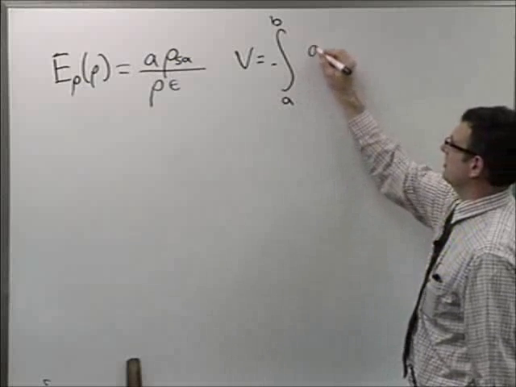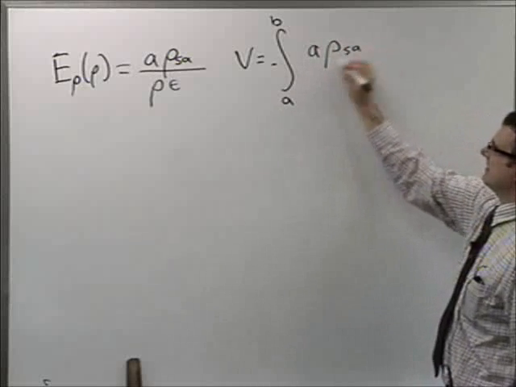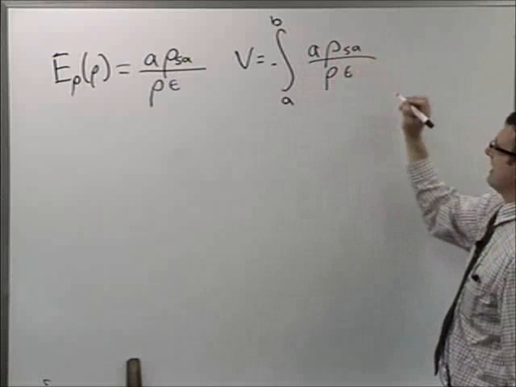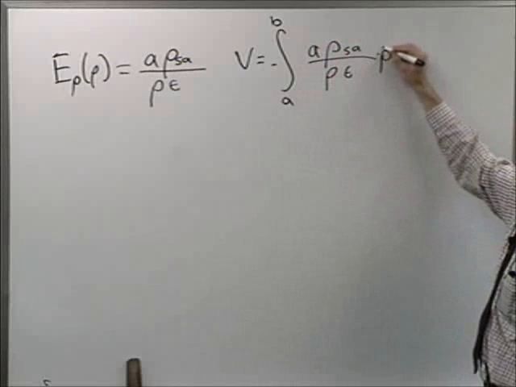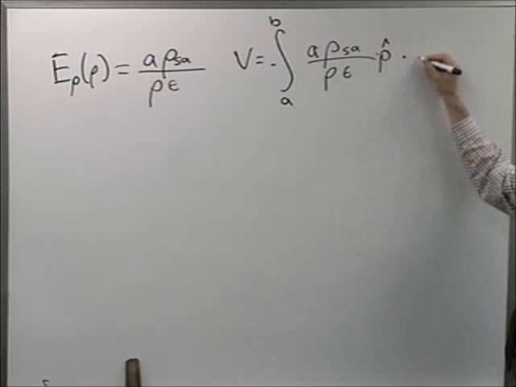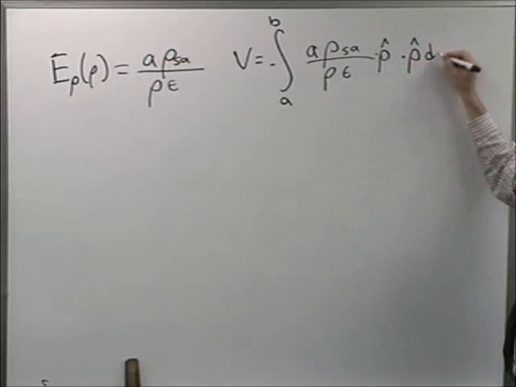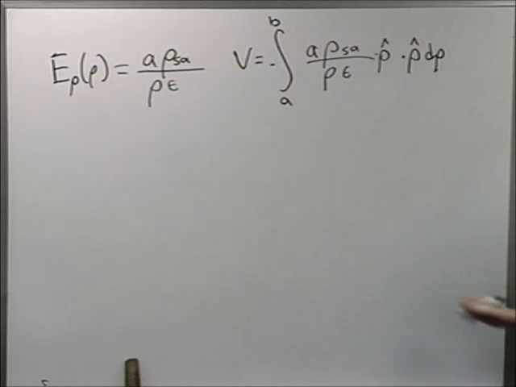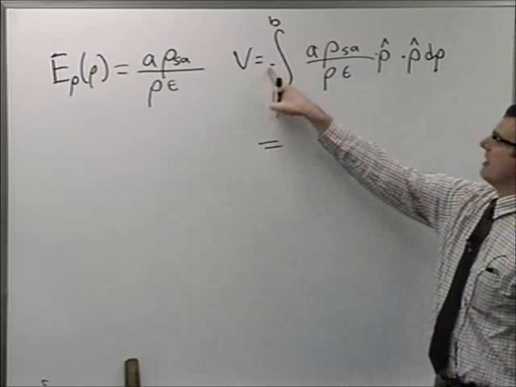So here, let's do this real quick. This is a constant, this is a constant, this is a constant. This is in the rho hat direction. And I'm integrating from A to B, which is the rho hat direction, d rho.